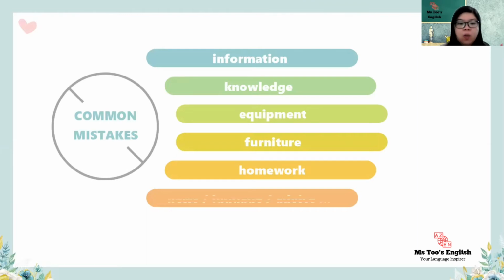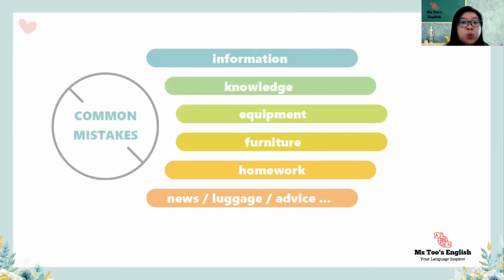Not only homework, there are a few more. News. This word itself comes with an s. We watch some news on TV, but news is uncountable. You cannot say a news or one news.